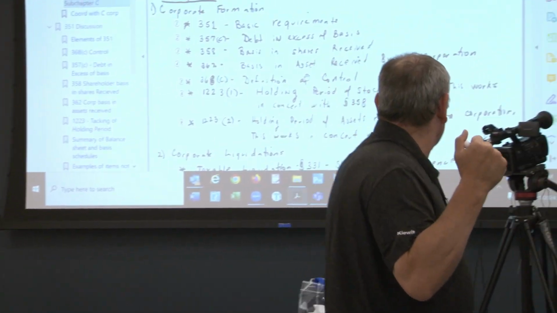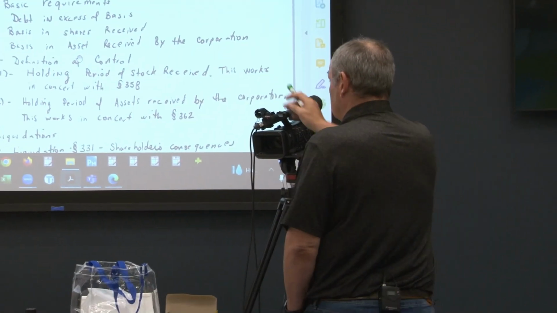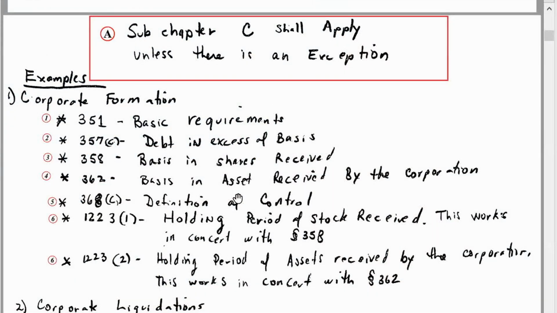So what you need to learn from this page is that when somebody says 351 corporate formation, 351 does not act on its own. 351 occurs, which is corporate formation, which we'll come to.